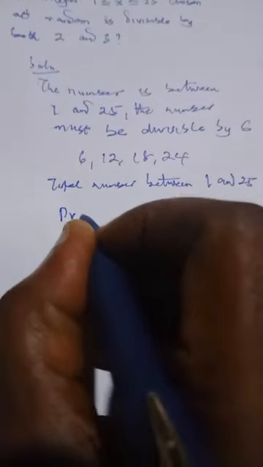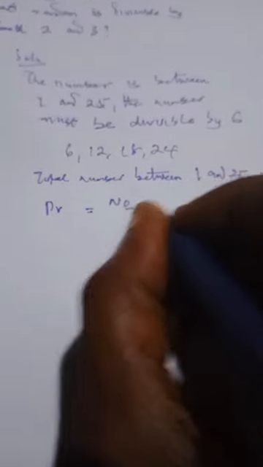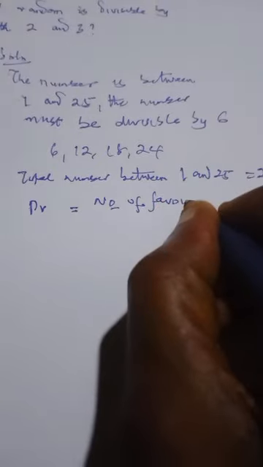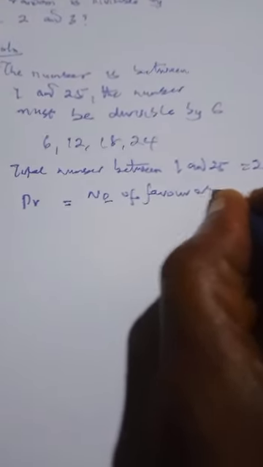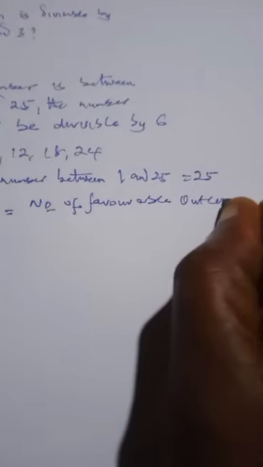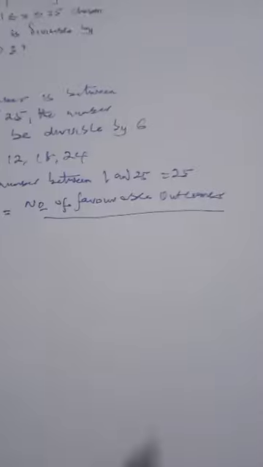So the probability now will give you the number of favorable outcomes, then divided by the total number of outcomes.